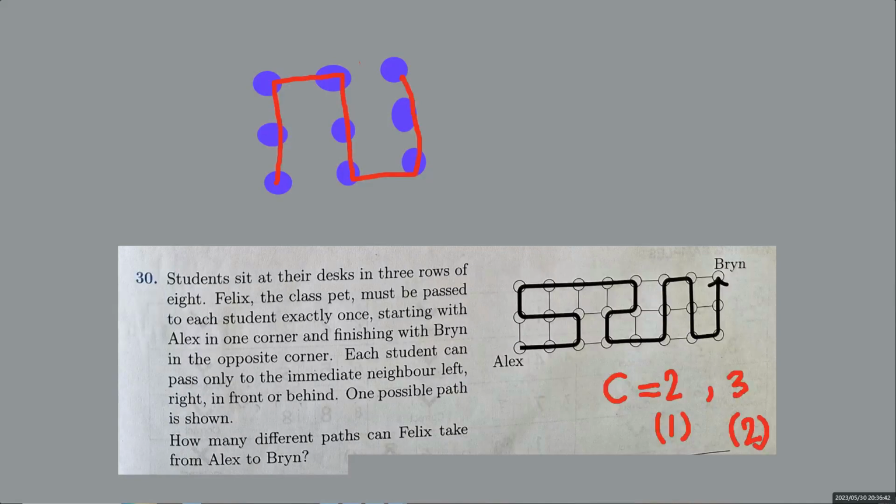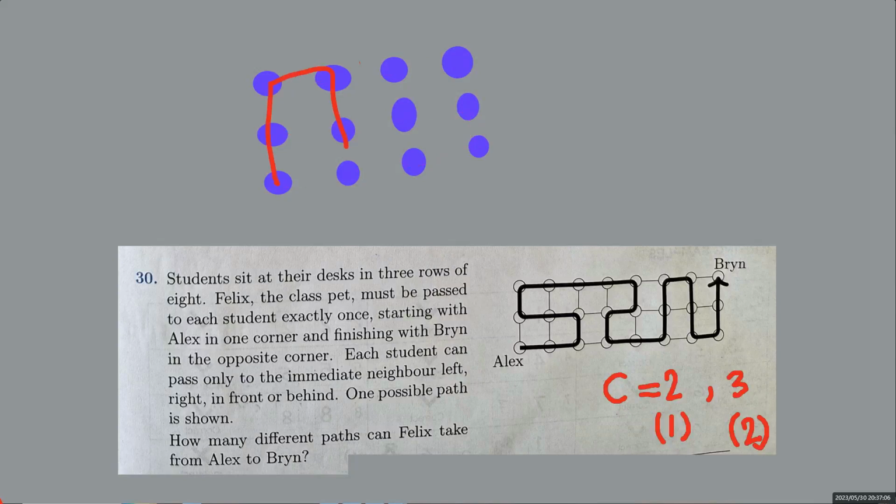Now again, let me add 1 more column. Let me hide this one. Okay, this one, how many ways do we have? This is the first one. Okay, 1.